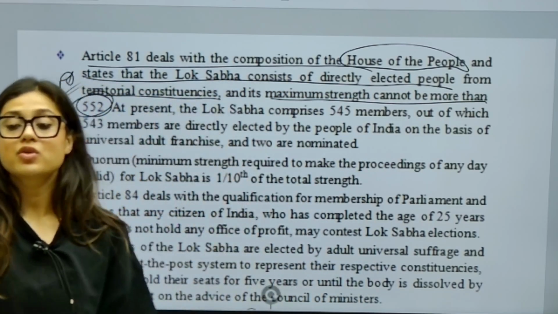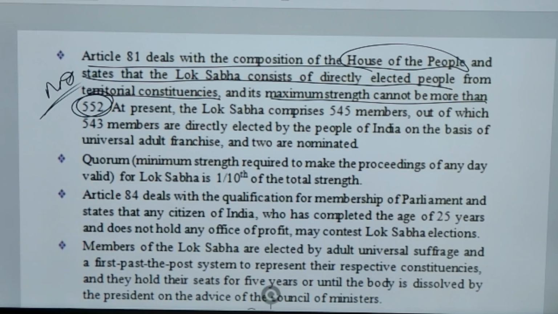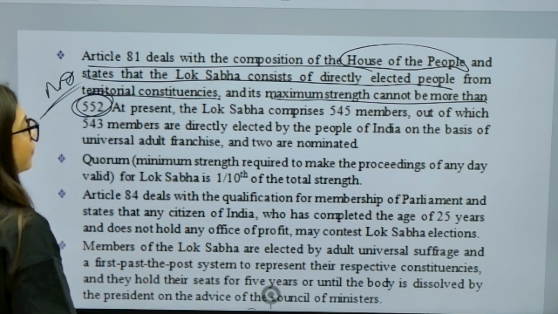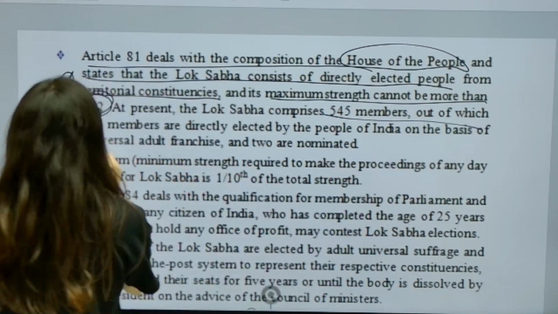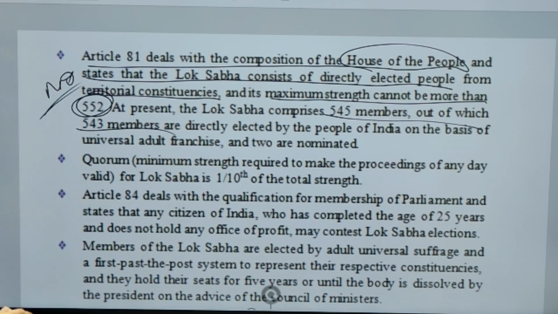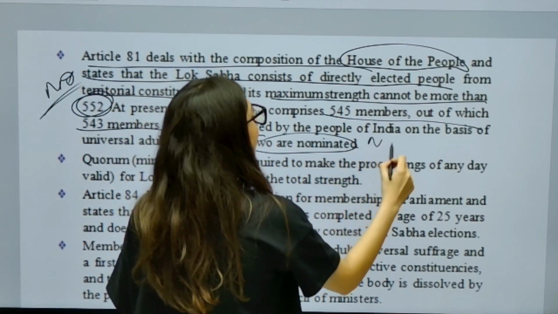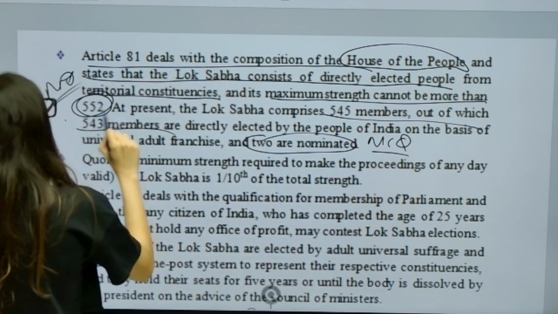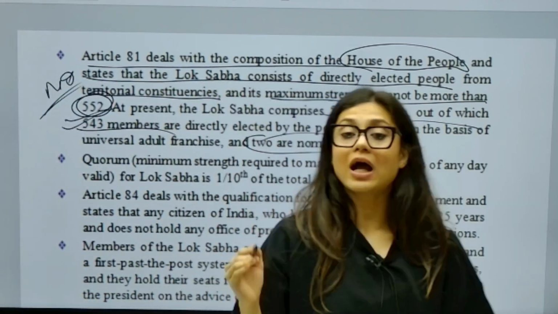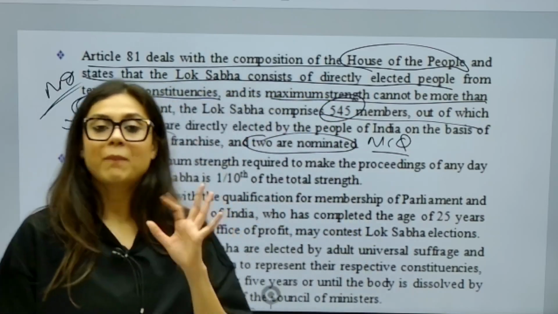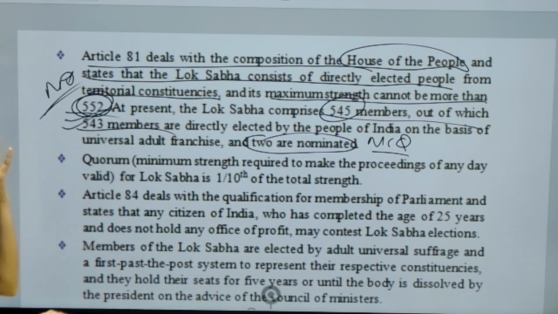Lok Sabha members are total in number 552, and at present there are 545 members, out of which 543 members are directly elected and 2 are nominated. So this you have to remember, 2 MPs are nominated and rest of 543 are elected, and currently there are 545 members, but maximum strength can be 552. So many MCQs can be formed. Maximum strength is 552.